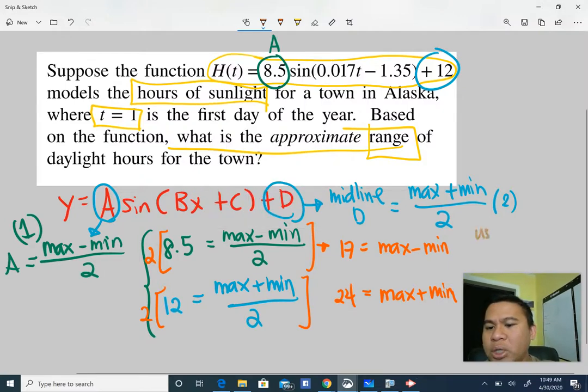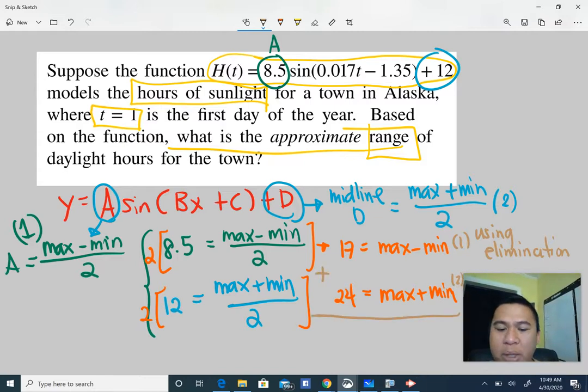So using elimination, we can add these two equations. Equation 1 and equation 2, you can add them up. From adding them up, we get 17 plus 24. That will be, well, 7 plus 4 is 11, carry over 1, then that will be 41 is equal to twice the maximum. And the minimum values are canceled.